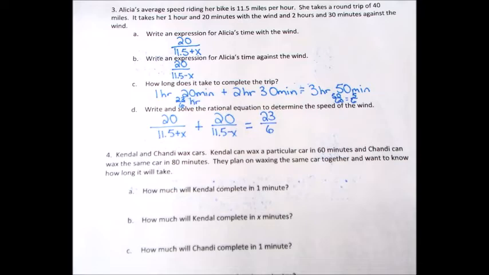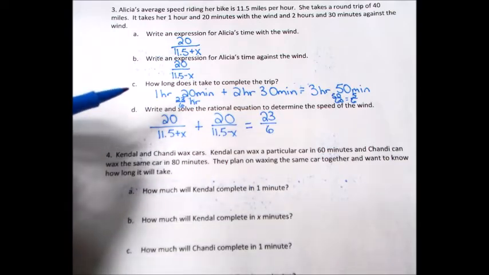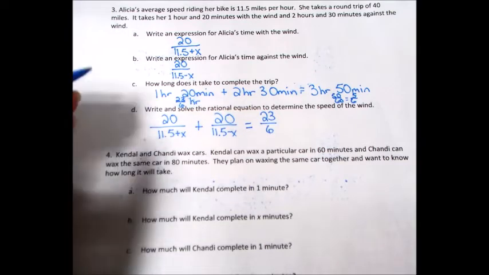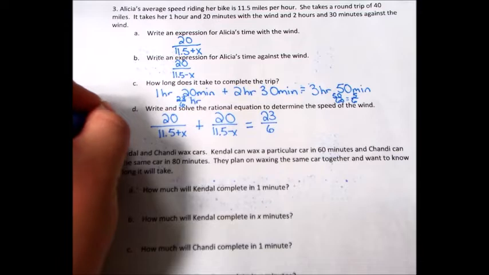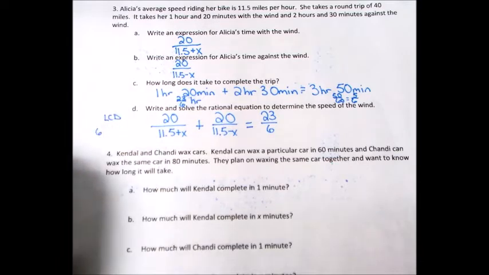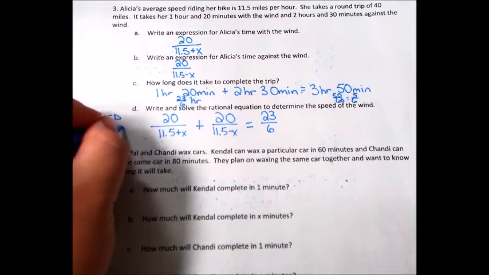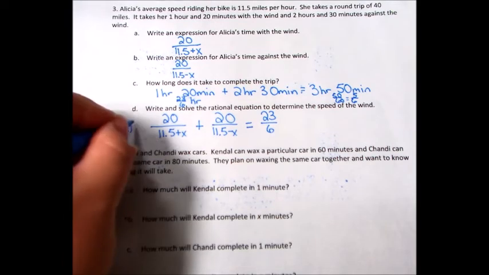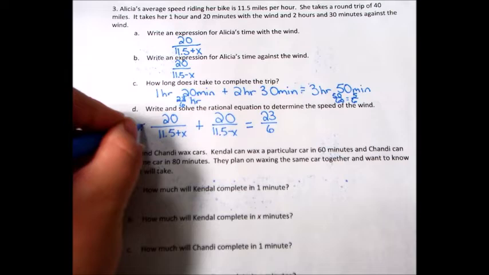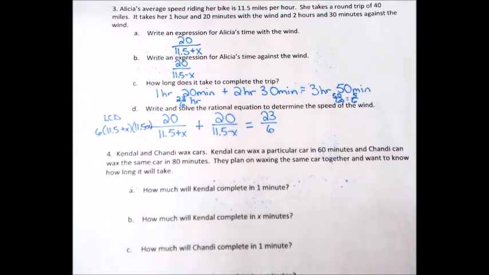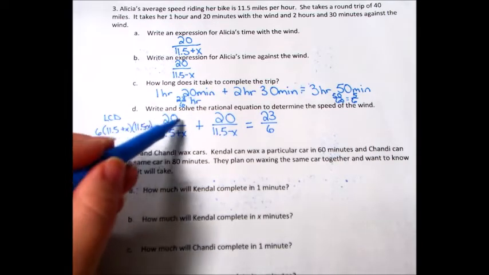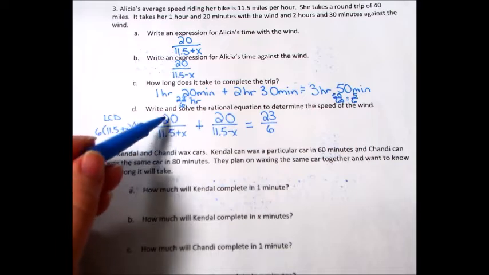We need to find a common denominator here, and the common denominator would be 6, because only one of them has a 6, 11.5 plus x, and 11.5 minus x. So in this first fraction, the 20 needs to have contributed to it.